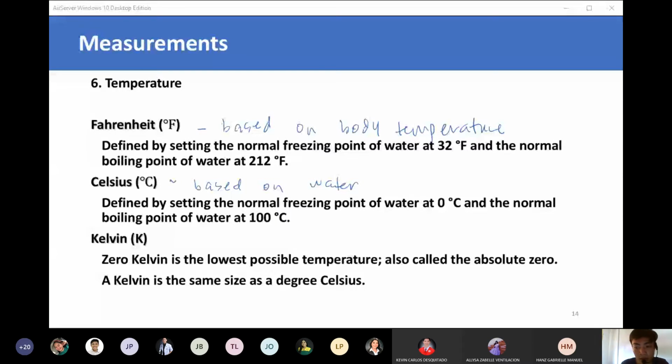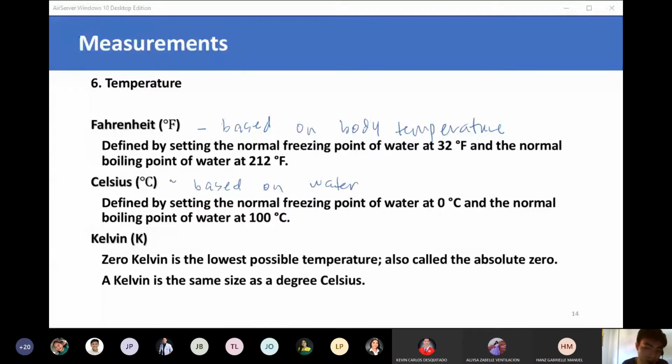Anything between is just a matter of ratio and proportion. So that's the idea. We started with body temperature from Fahrenheit, then we moved on to Celsius, which is based on water, and we use it until today.